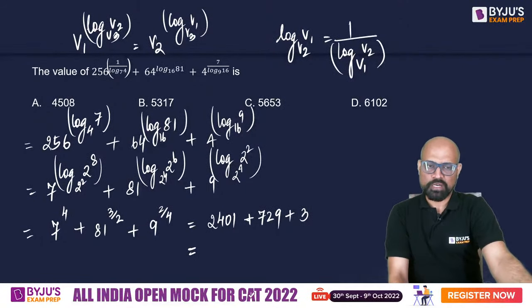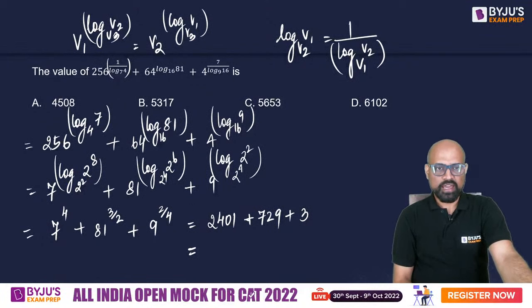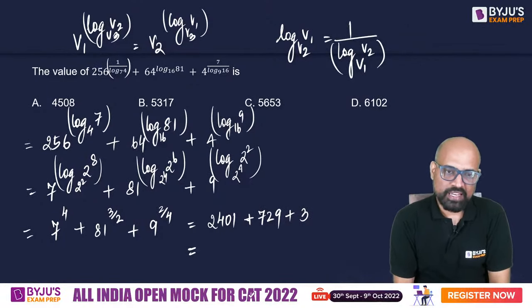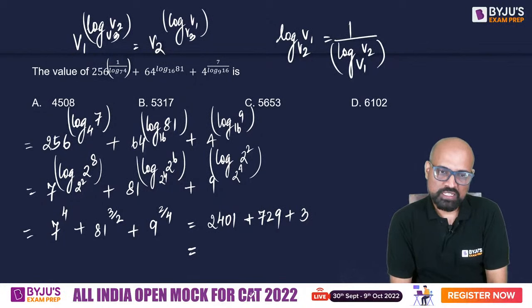256 is 2 to the power 8, right? And 4 is nothing but 2 square. So we will have 7 to the power 4. Now, 64 is 2 to the power 6. 16 is 2 to the power 4.